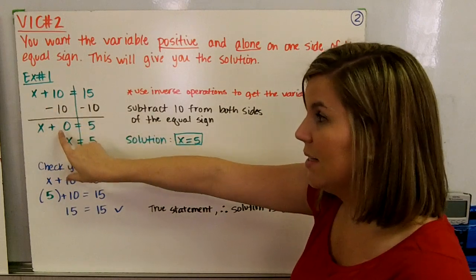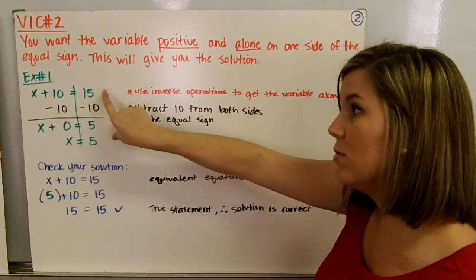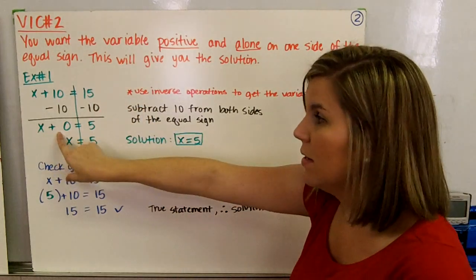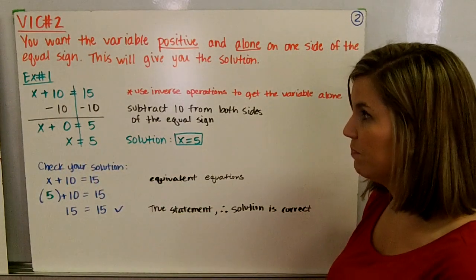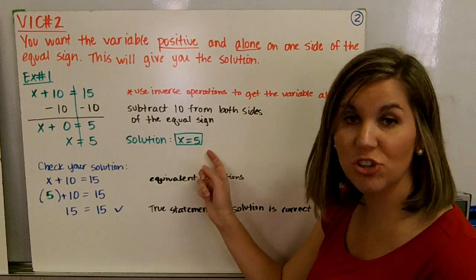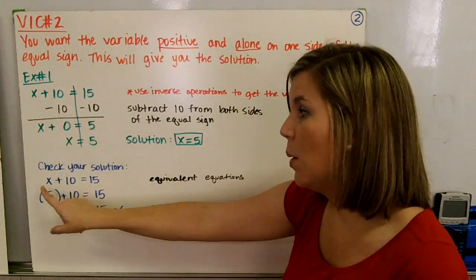Plus 10 minus 10 gives you 0. Carry down x. So x plus 0 equals 15 minus 10 is 5. Now, x plus 0 is just x, so x equals 5. Okay, so this would be our solution. And we need to check our answer. So take 5, and where x was, plug it in.